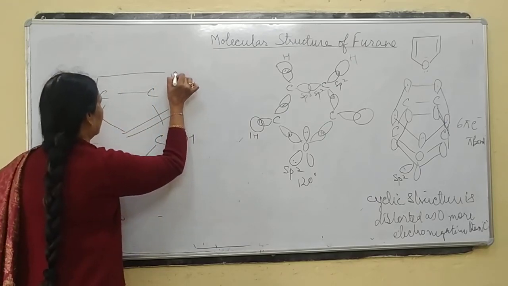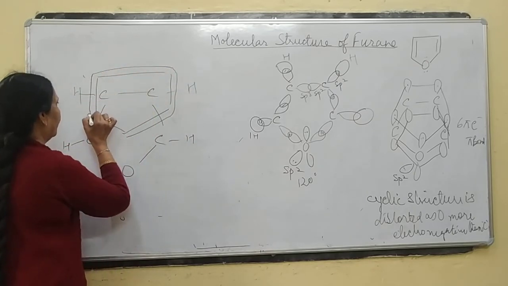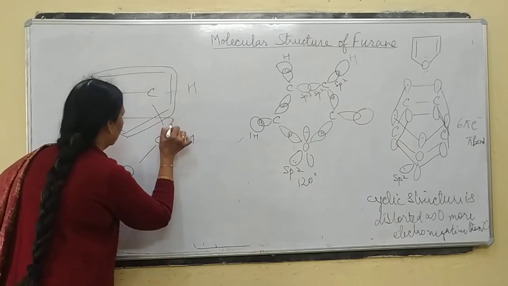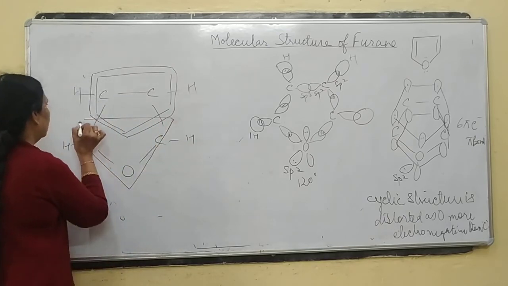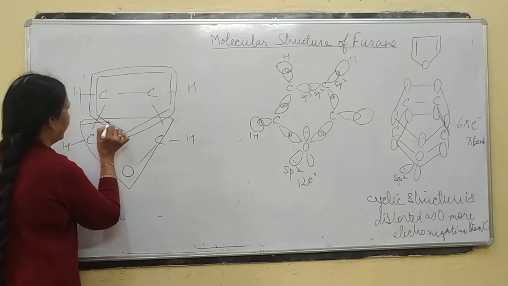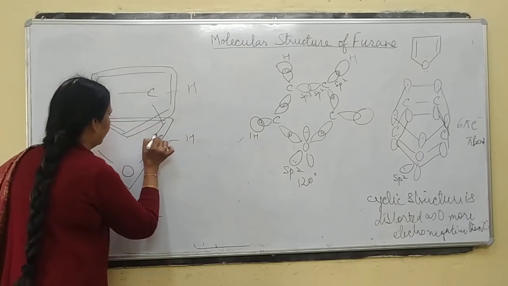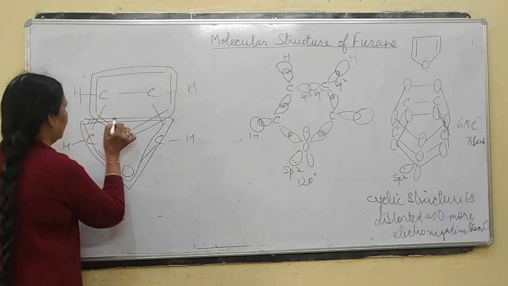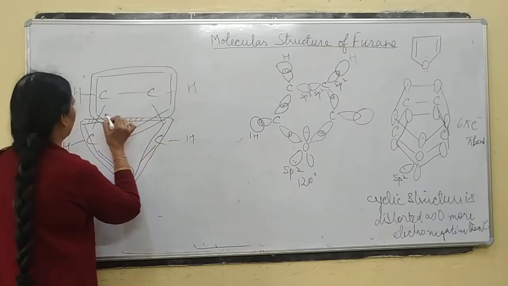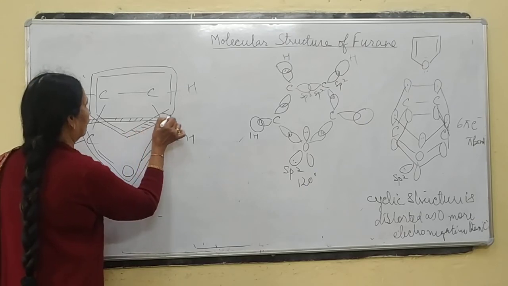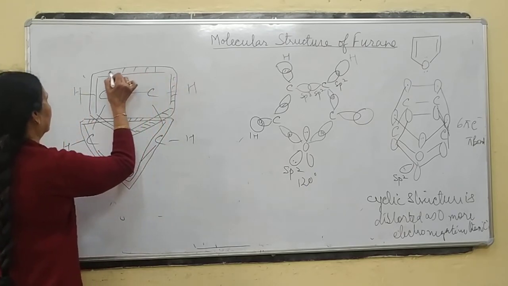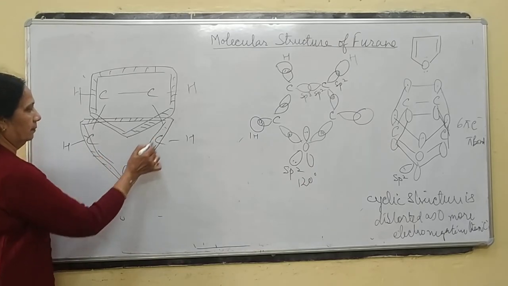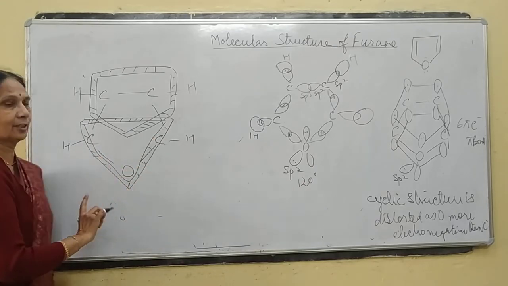In this cyclic structure, above and below the blackboard, these 6 pi electrons revolve, providing the aromaticity to the molecule. So by this we can explain the aromaticity.